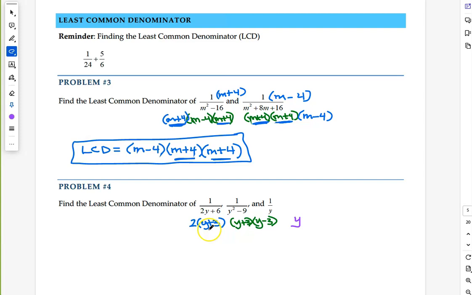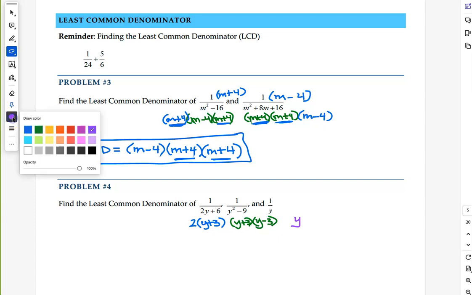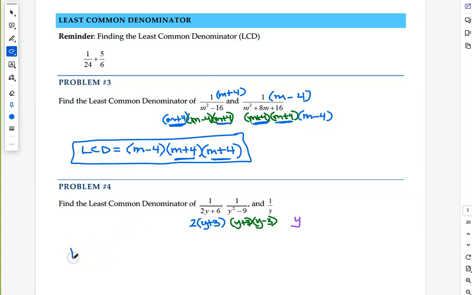I'm putting these in different colors just to make sure that we're all together on it. We want to make sure every single denominator has all the factors that they need. So if I'm figuring out my LCD here, I'm going to choose to start with that second fraction.